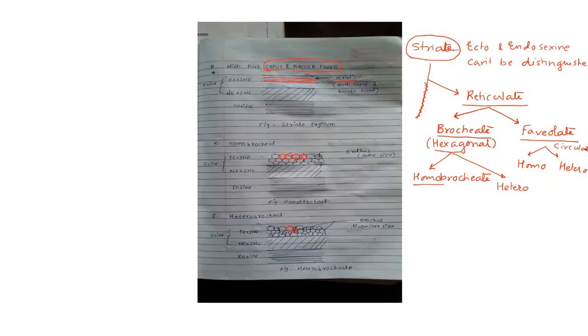Are you getting it? What is reticulate type? What is brochi? If brochi is hexagonal, it is brochiate. If it is circular, it is faviolate. If all brochi are of the same type, homo is a prefix, hetero is a prefix.